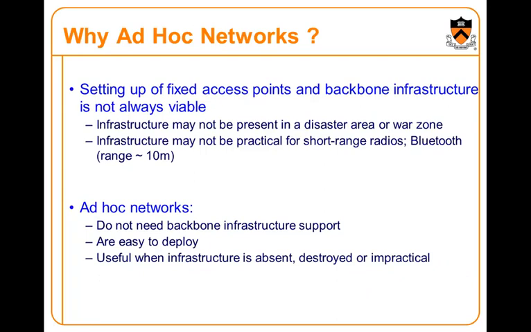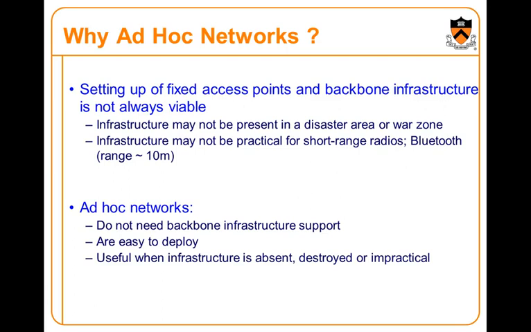Now we will discuss why ad hoc networks are more important or more acceptable among the people who are working in this area. The first important thing is the implementation or deployment cost.